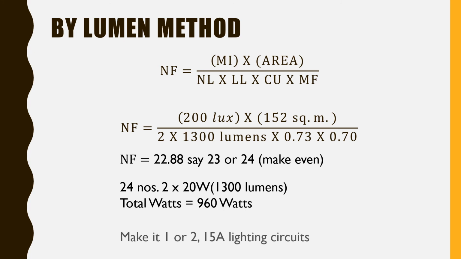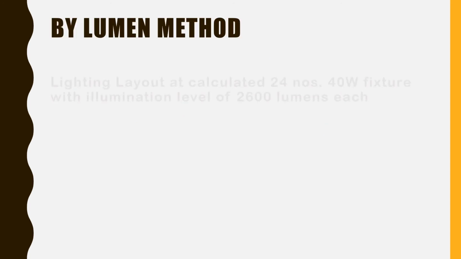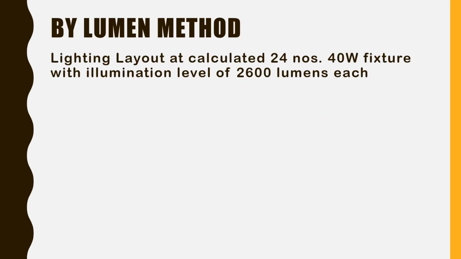So we'll make it 1, or two 15 ampere lighting circuits. So 24 numbers, it's up to us. But for me, I will make it 2 circuits so that there will be flexibility and reliability. Lighting layout calculated: 24 numbers, 40 watts fixture with illumination level of 2600 lumens.